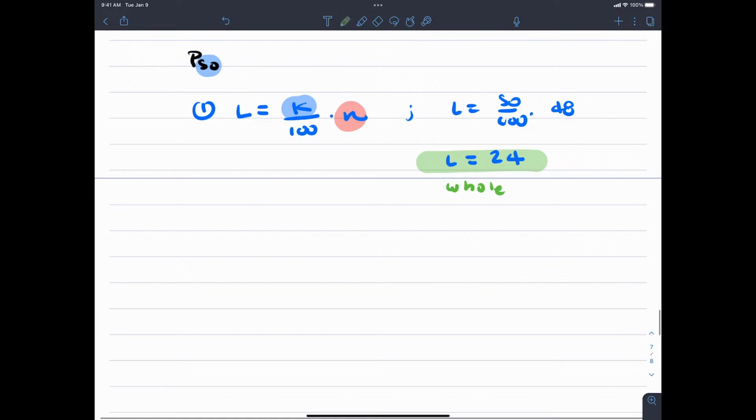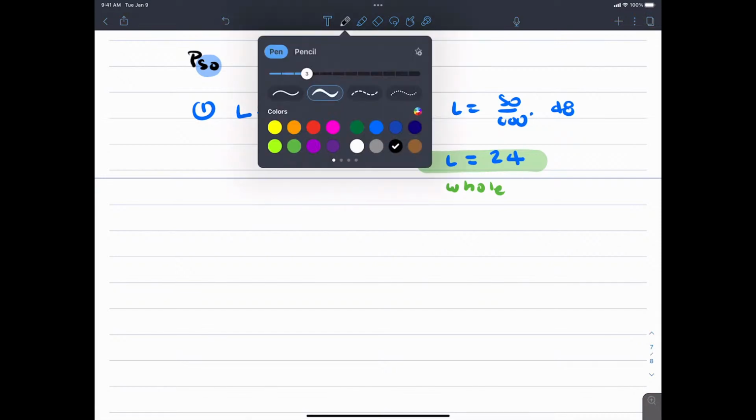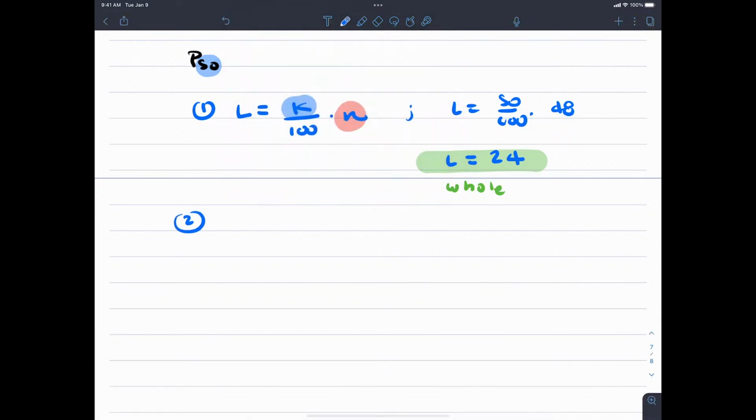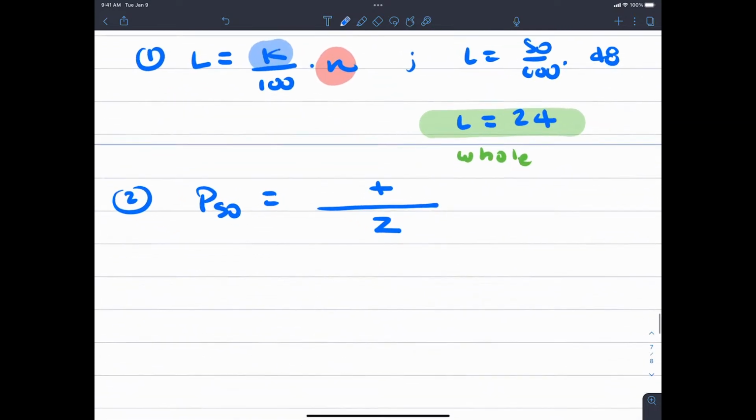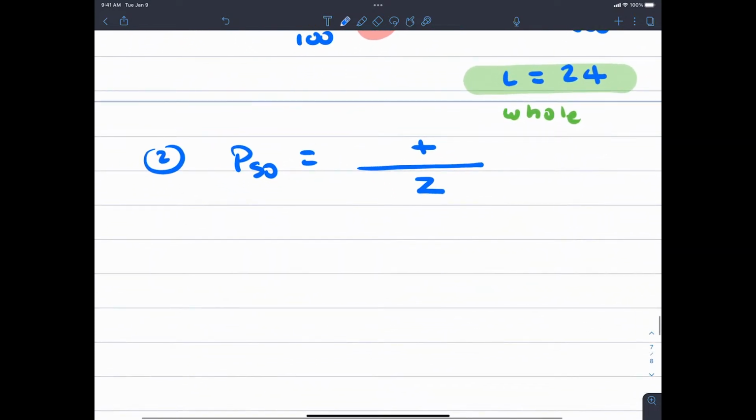Step 2 is the answer step. Right? So how do you get the answer now? You're going to say what? P50 is midway between the what? The 24th and the what? 25th data value in the sorted list.